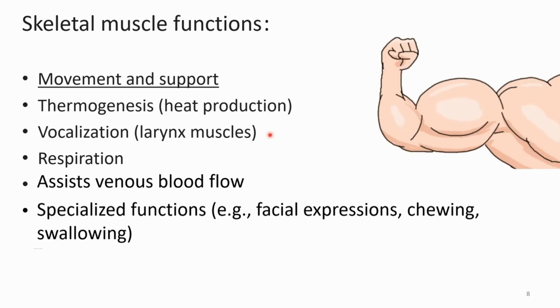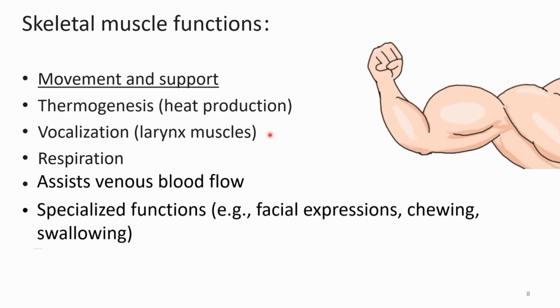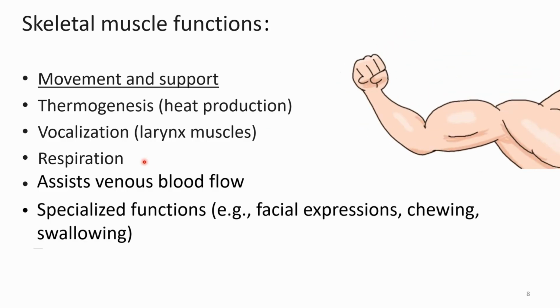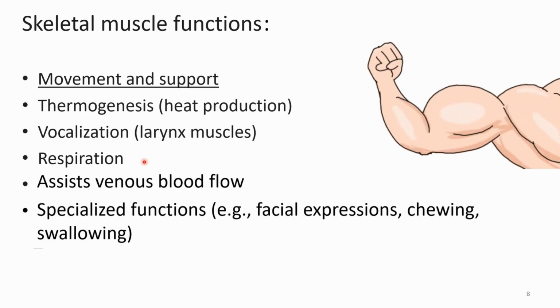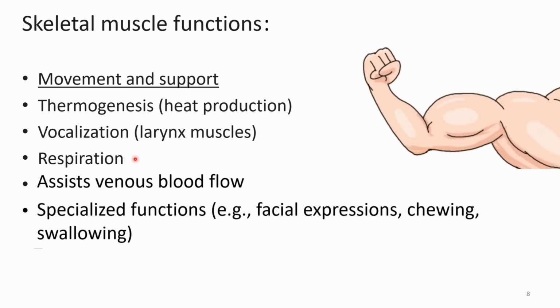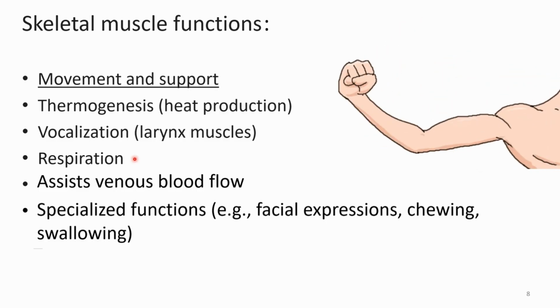Then speaking or vocalization also could not be done without skeletal muscles. Additionally, breathing involves not only the lung as an organ, where a large part of it is made up of smooth muscle, but also various muscles related to breathing such as the diaphragm or intercostal muscles.